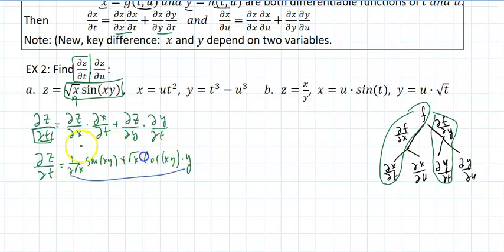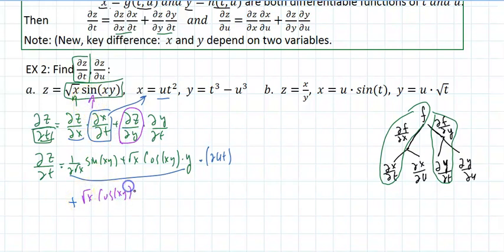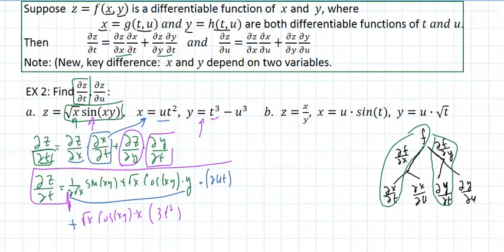This is this times the partial of x with respect to t, that is simply 2ut, plus the partial of z with respect to y, that's the cosine of xy times x, times the partial of y with respect to t, that will be 3t squared. All of that mess will be my answer.